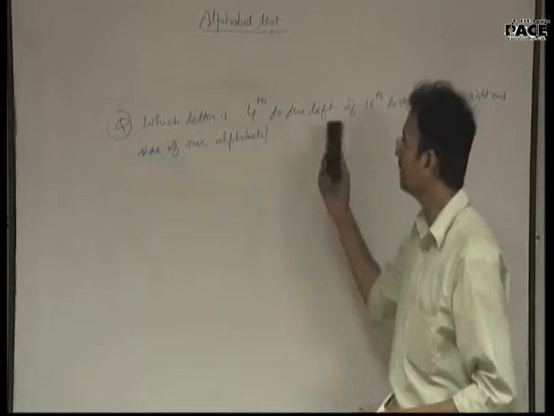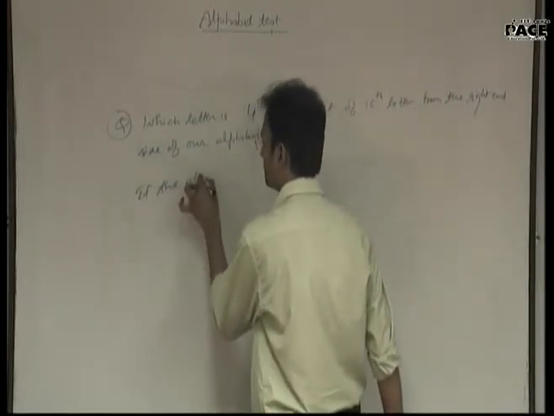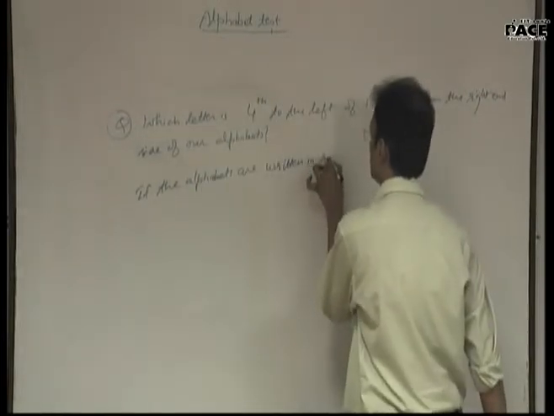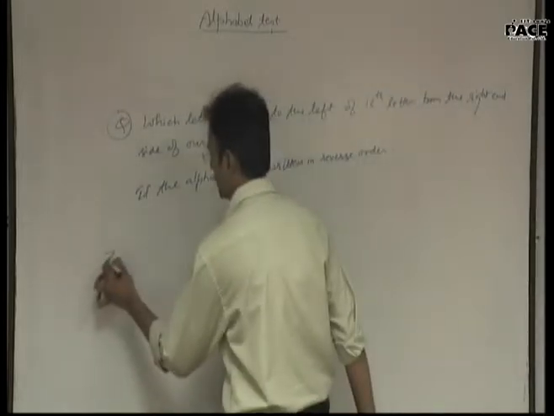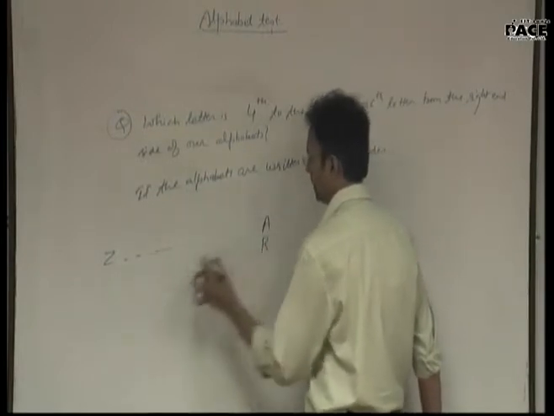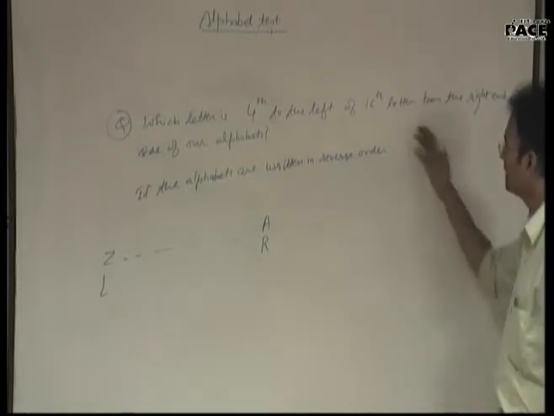Now, suppose the same question, if the alphabets are written in reverse order, then what? So we'll start with J on the left hand side to A on the right hand side. Now the question is same.